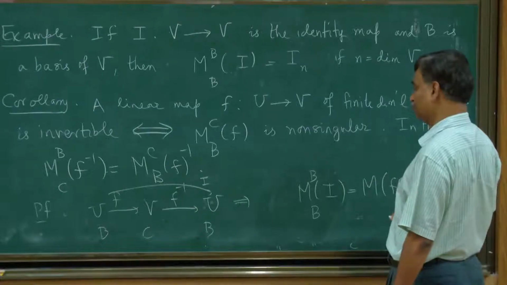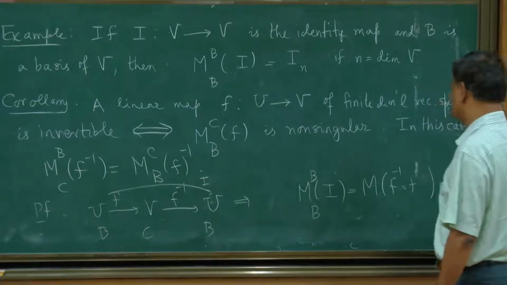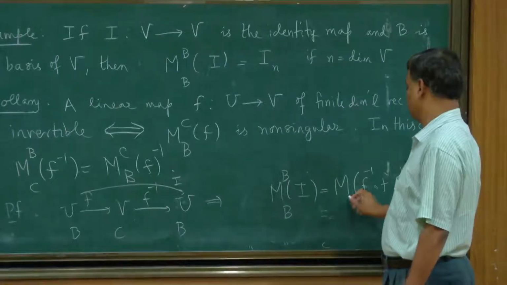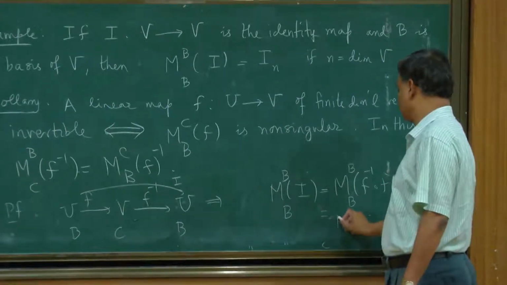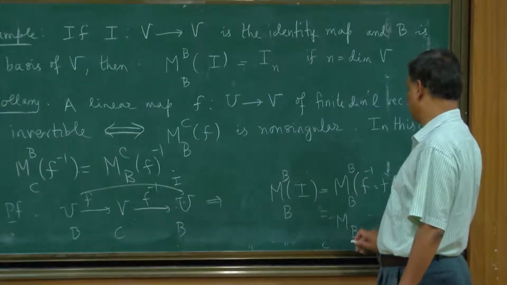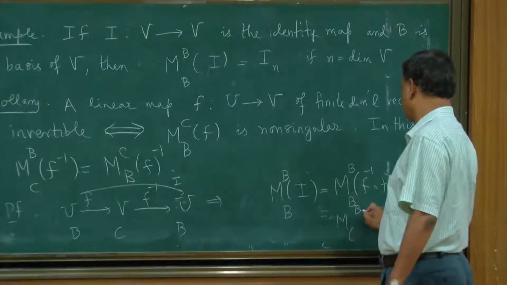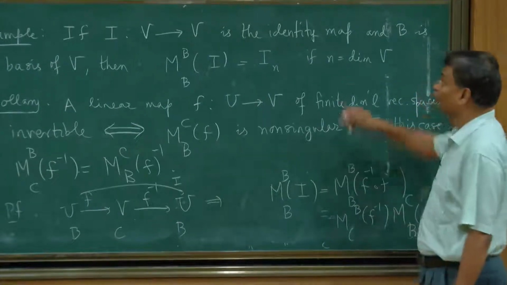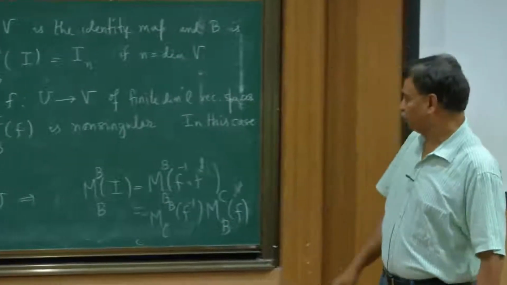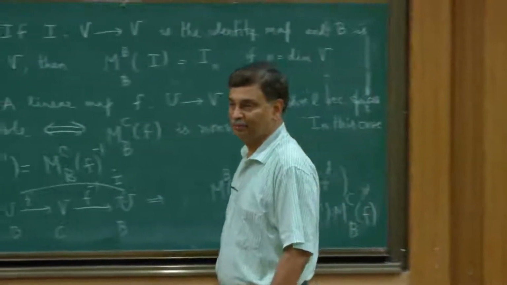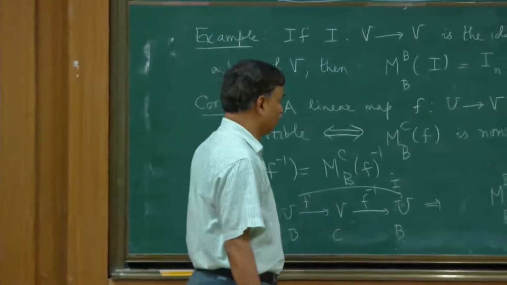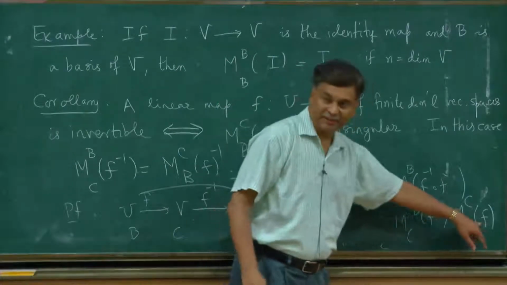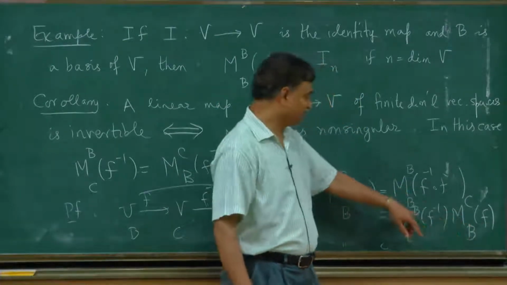Am I right? No, F followed by F inverse, which by our formula would be the matrix CB of F inverse times the matrix BC of F, by what we just established. I hope my subscripts and superscripts are correct; you can check. But this is the identity, and that proves that this is invertible and its inverse is this.